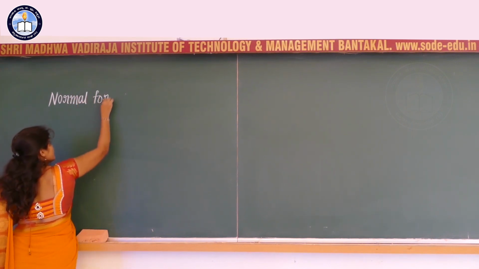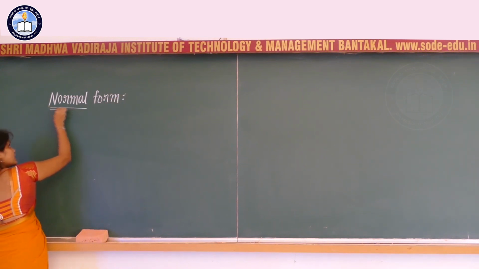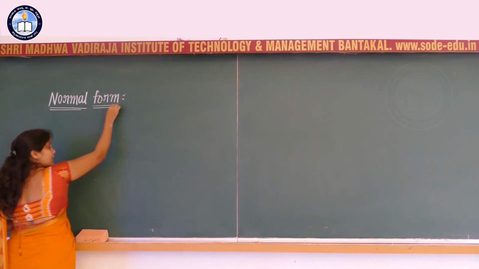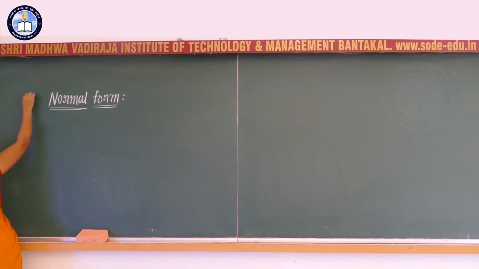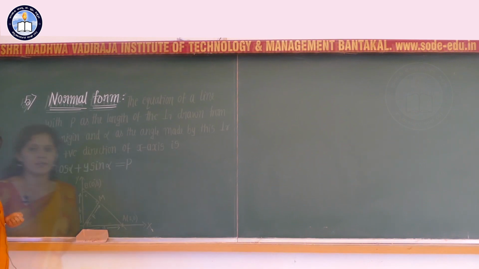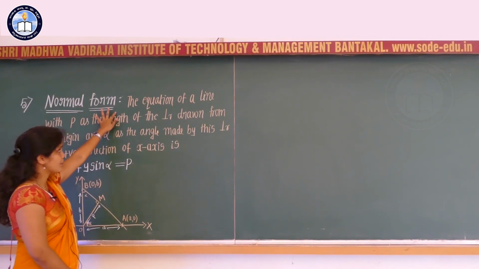It is the normal form of the equation of a line, and this is nothing but the fifth form. So let us consider the normal form of the equation of a line.